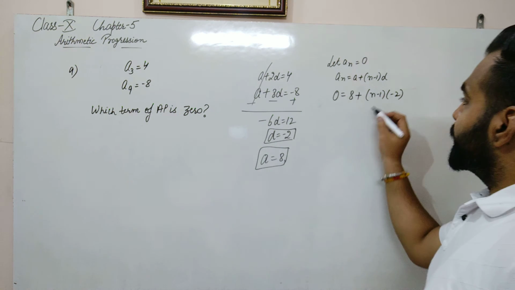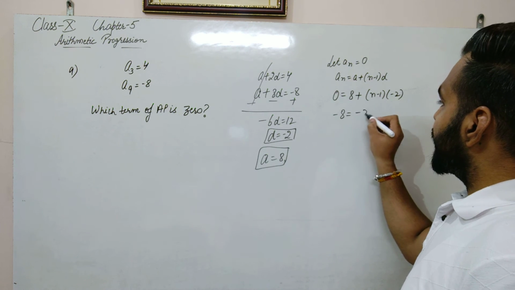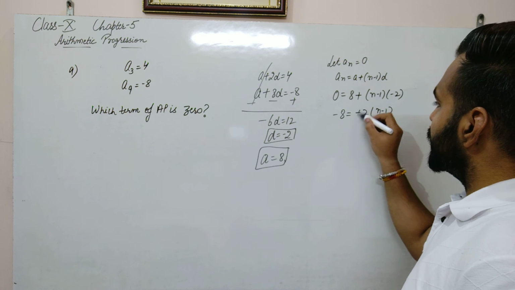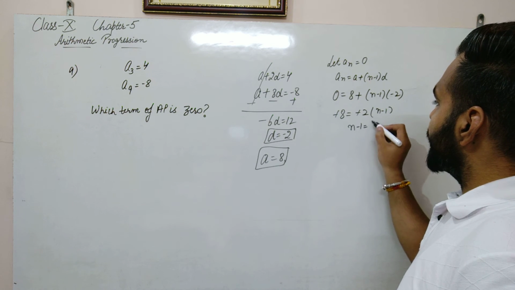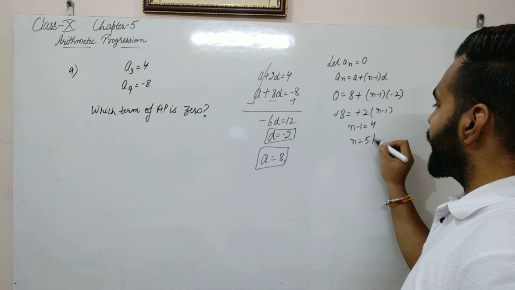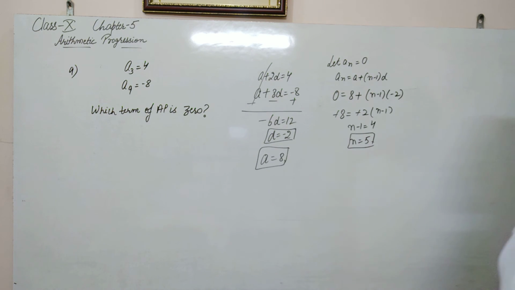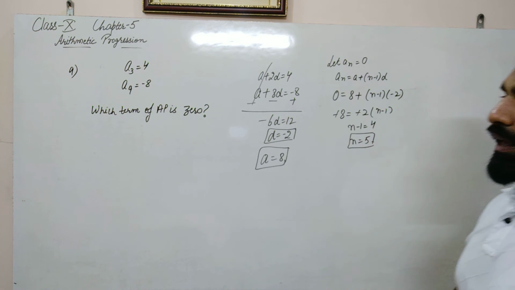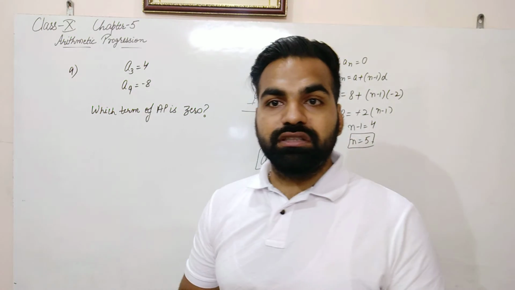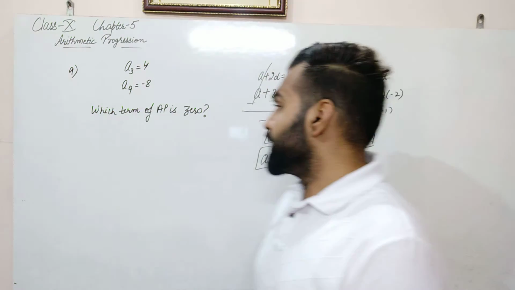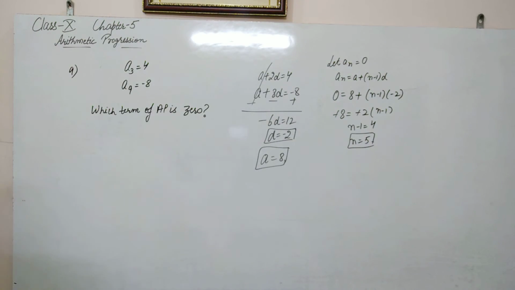So from here solve: minus 8 equal to minus 2 into n minus 1. So n minus 1 will be 4, n will be 5. So the fifth term of the AP will be 0 because the value of n is 5 here. So this was question number 9.